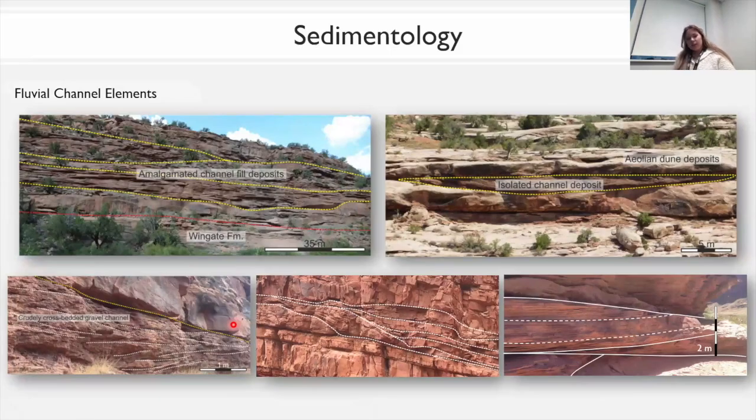So the sedimentology of the Kayenta, as I've already mentioned, is very fluvial dominated, and we can broadly split the fluvial deposits up into fluvial channels, fluvial sheet flood elements, and our overbank floodplain elements too.